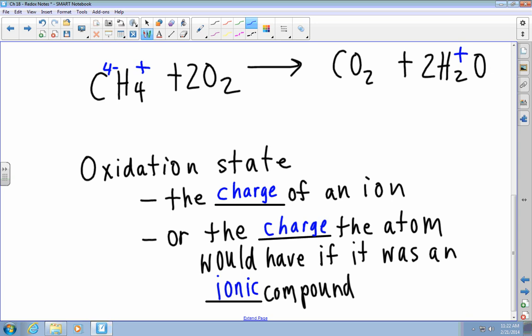So in a compound, what charge does oxygen normally take? -2. So oxygen is usually 2 minus. So how many negative charges do we have here on carbon dioxide? We've got 4 negative charges on our carbon dioxide. So what's the charge on the carbon have to be then? 4 positive.